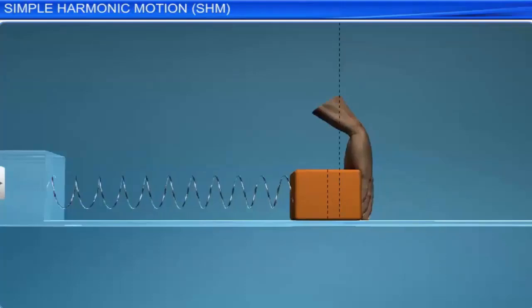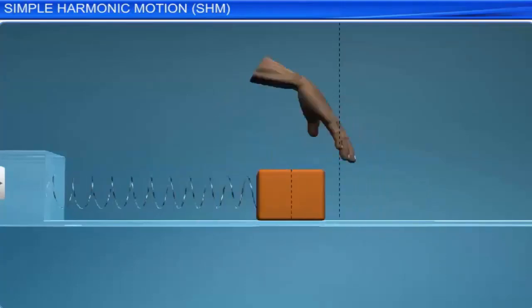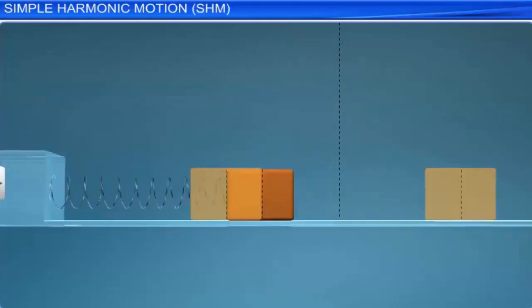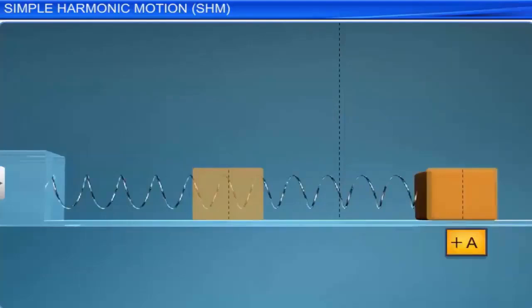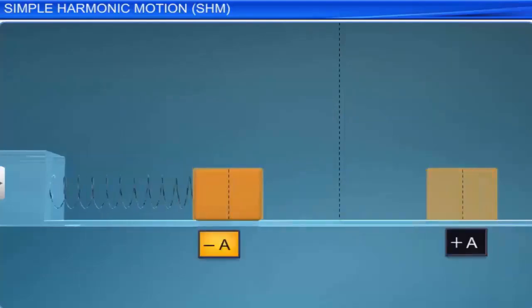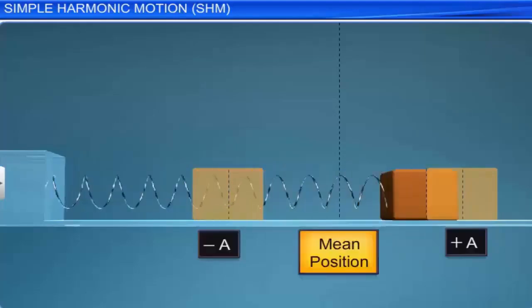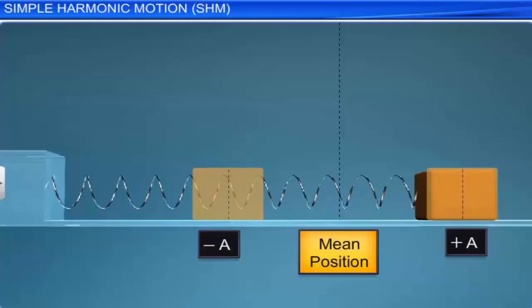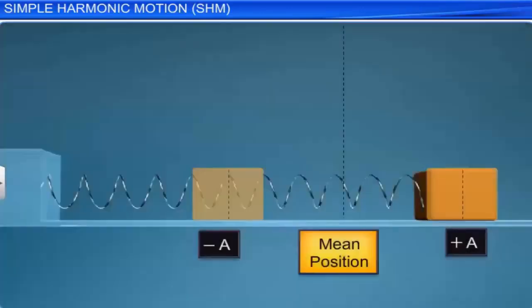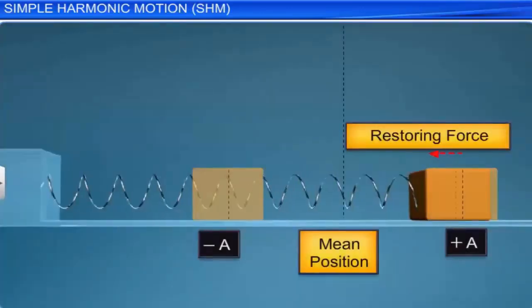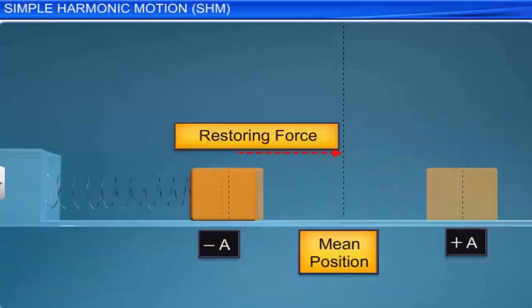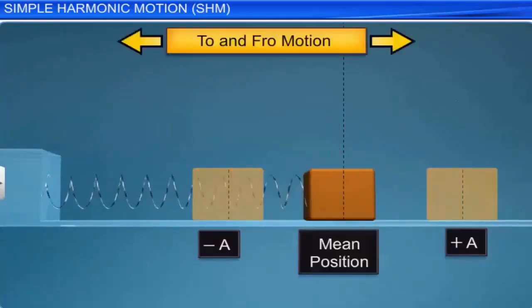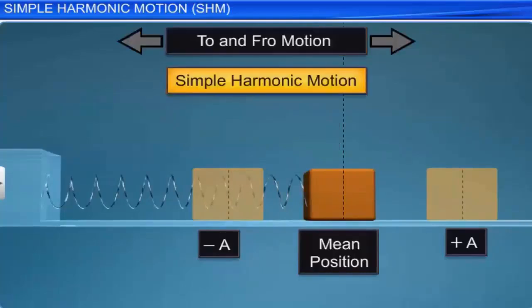When the spring is compressed and released, the body attached to it oscillates back and forth between the two extreme points, marked as plus A and minus A. As the body moves away from its mean position, it experiences a restoring force, which attempts to bring it back to the mean position. This to and fro motion being executed by the body is called simple harmonic motion.